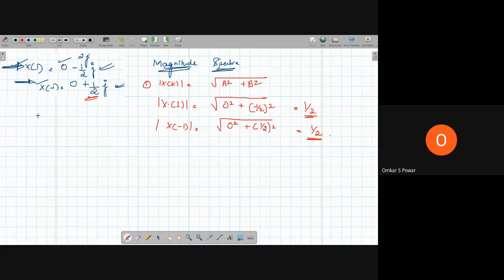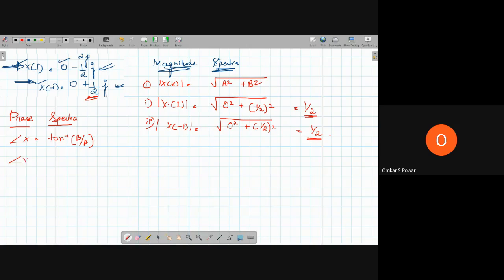Then what do we want? We want the phase. So how do we get the phase? I told you the formula. Phase we will get as tan inverse of b by a. So let me calculate the phase for x of 1 and the phase of x of minus 1.